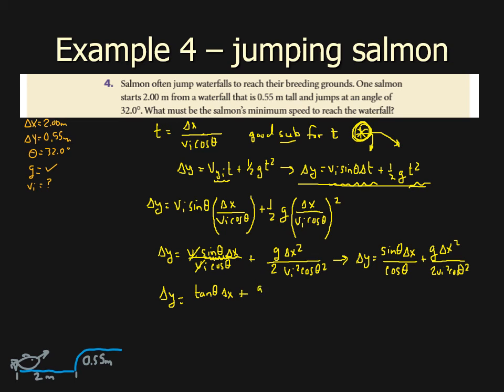The rest of it didn't change, so I'll just rewrite this thing again. 2 vi squared cosine of the angle squared. Rearranging, because now I'm trying to isolate initial velocity, which is the whole point of this particular adventure. So I can subtract this from both sides. So let me go ahead and do that. So delta y minus tangent of the angle delta x equals g over.